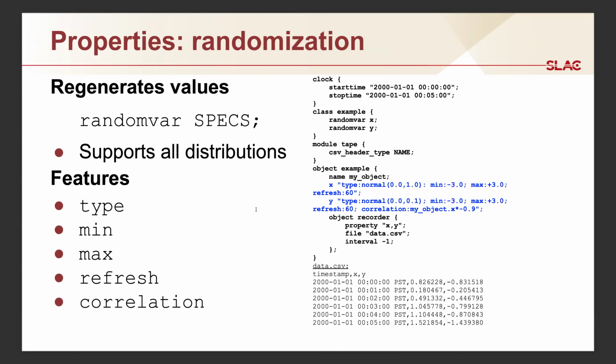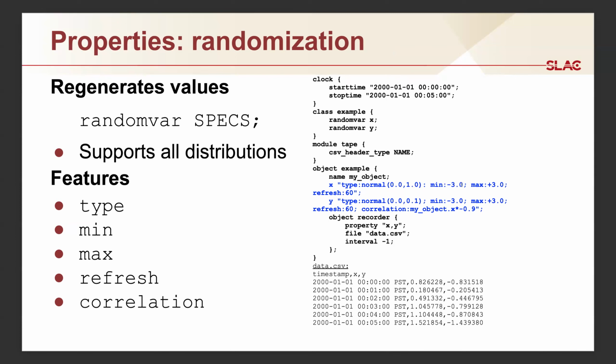I mentioned earlier random variables and the distinction between the functional random and the random variable itself. So now I'm going to spend a little bit of time talking about how random variables work and how they're set up. A random variable is a variable that changes during the course of the simulation according to the specifications that you provide. Here's an example of a random variable with the type normal, with the mean 0 and standard deviation 1, so it's truly normal.